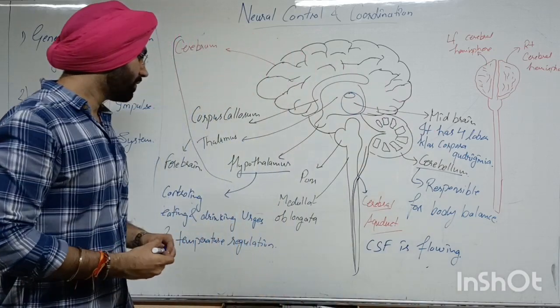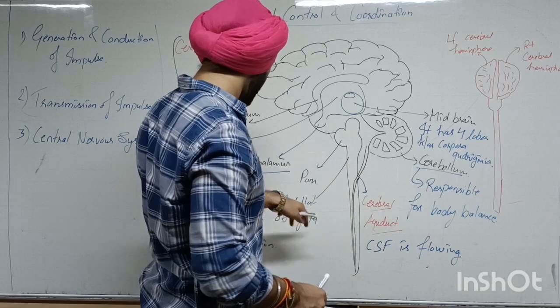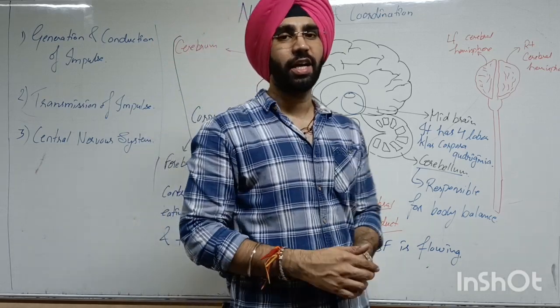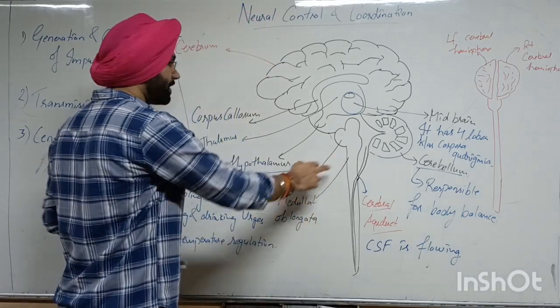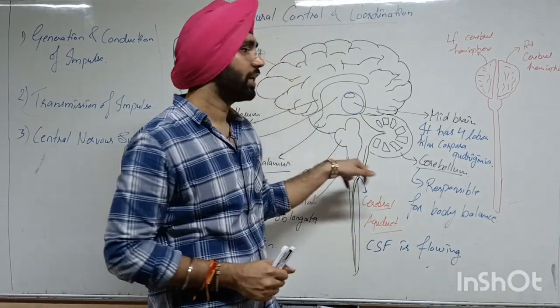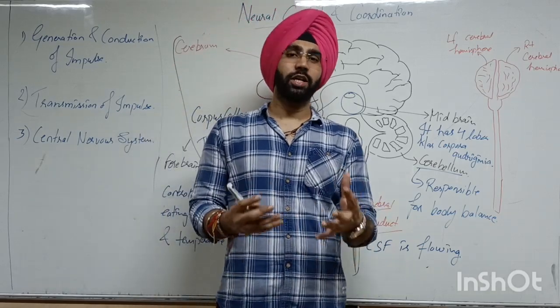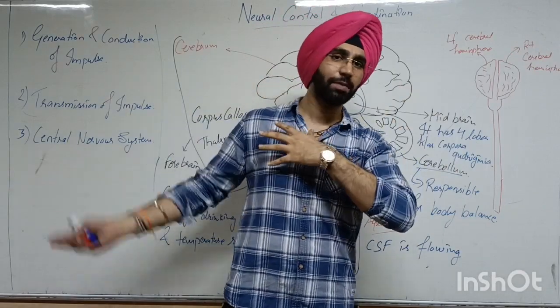Again, let's come over to the pons and the medulla oblongata. Pons and medulla oblongata have various centers. In NCERT it is taught that medulla oblongata has respiratory and cardiovascular centers, which are responsible for controlling our cardiovascular activity, whether it is sympathetic or parasympathetic.